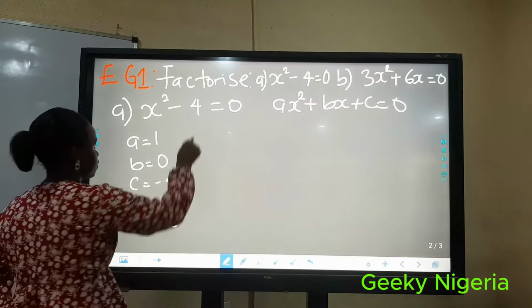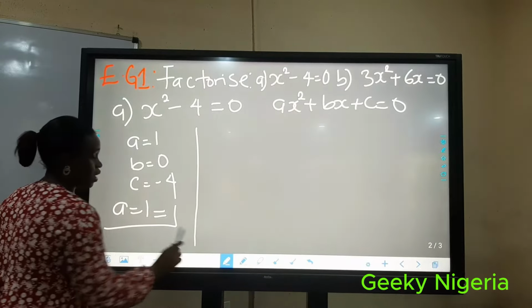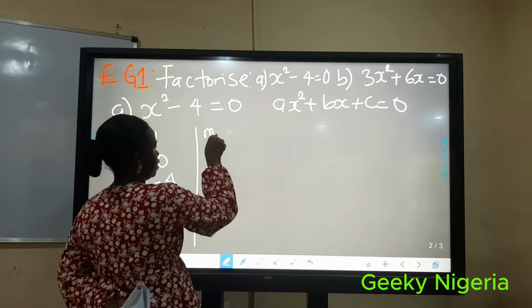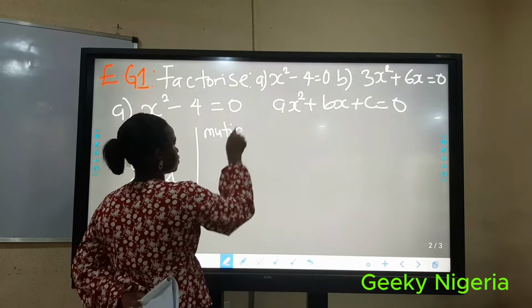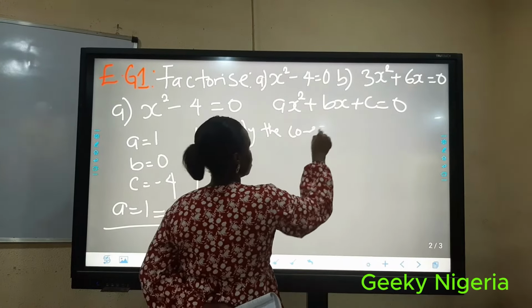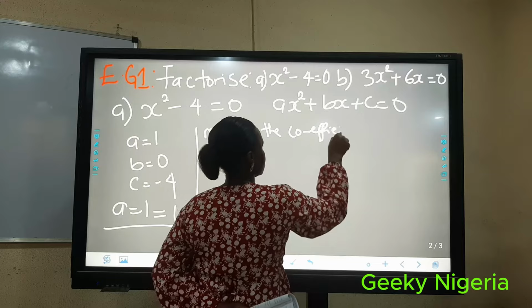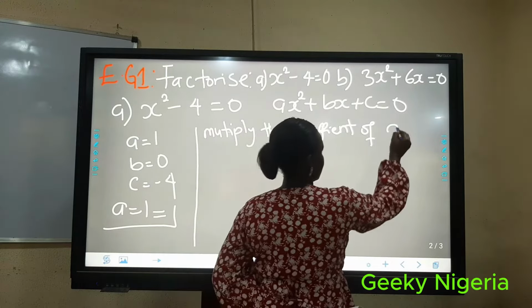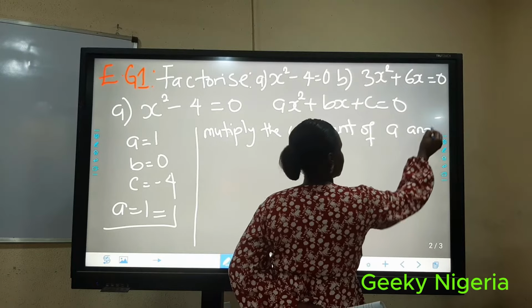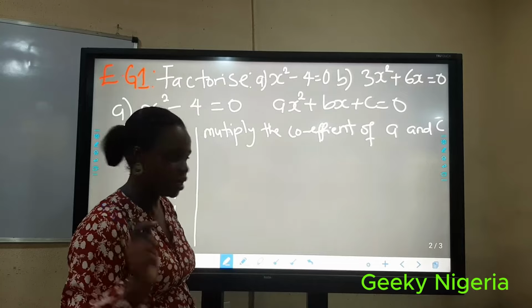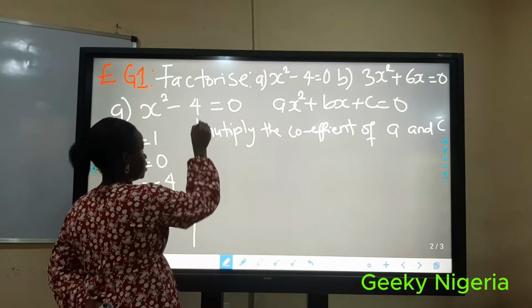So how do I mean? It means how the principle works for factorization. You multiply the coefficients of a and c. When you do that, that's the first step.